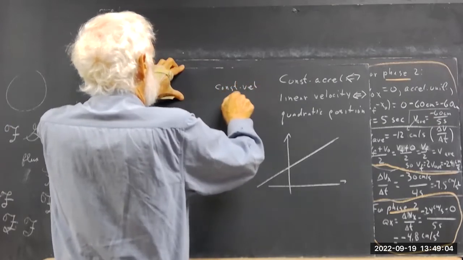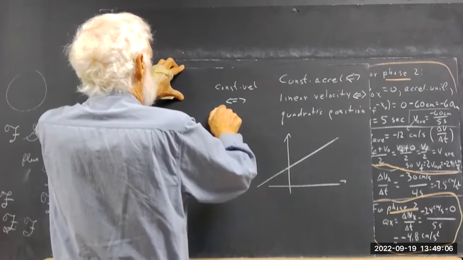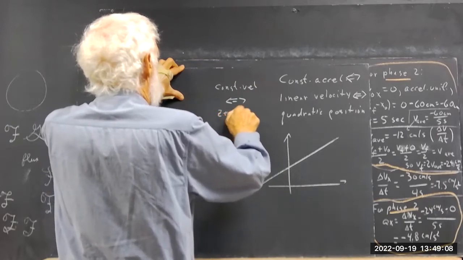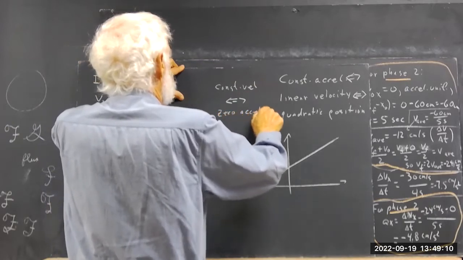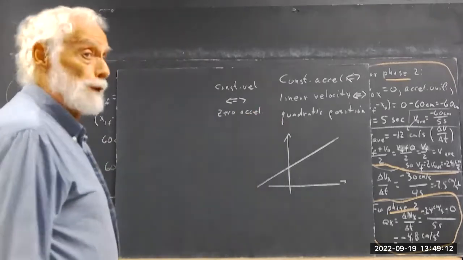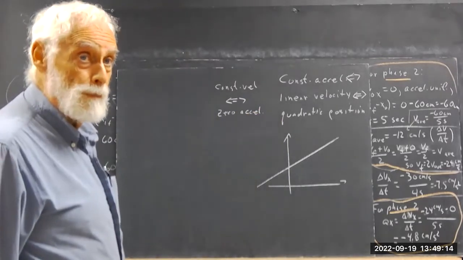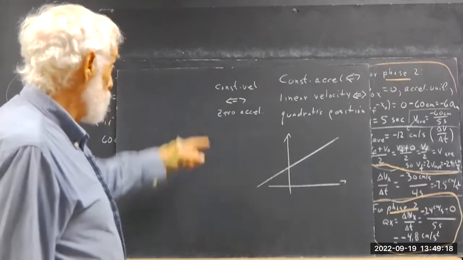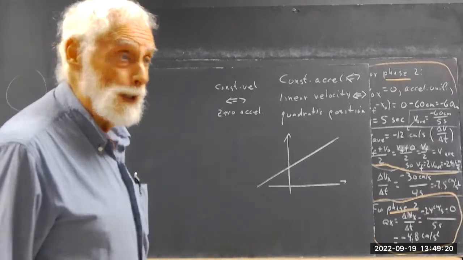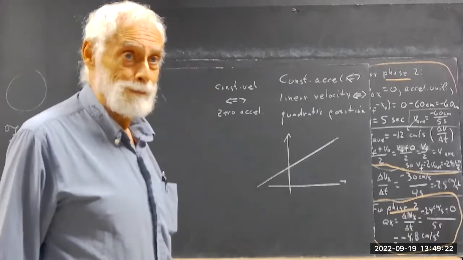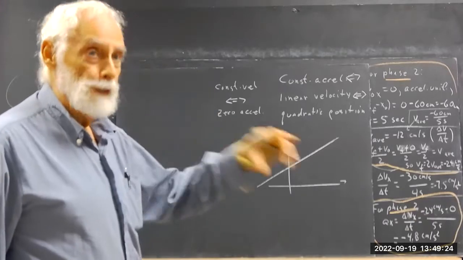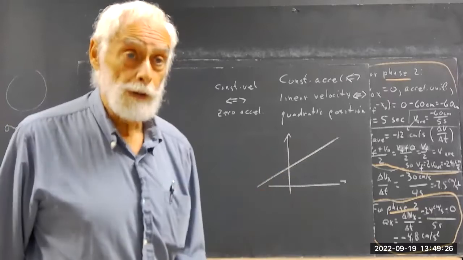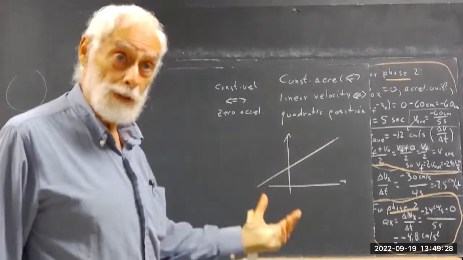Constant velocity is equivalent to zero acceleration, right? Your velocity is constant, your acceleration is the rate of change of velocity, and constant isn't changing. Or if you wish, the velocity is a constant, you take the derivative to get the acceleration. So it's the same thing I just said.